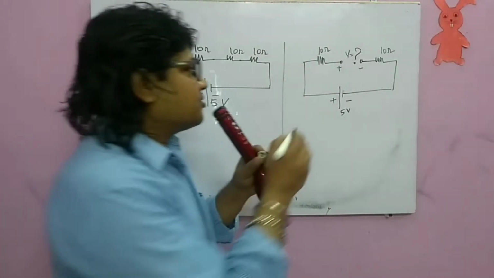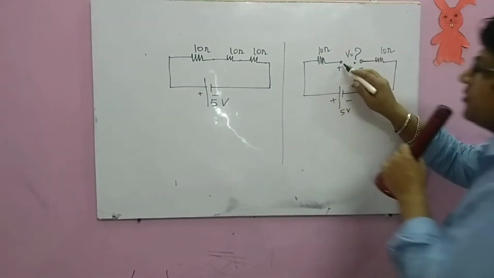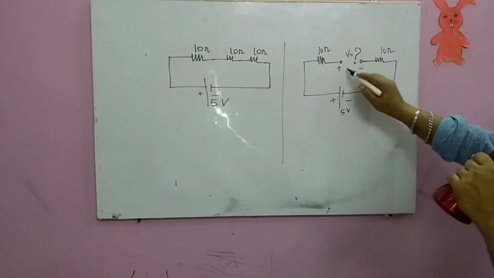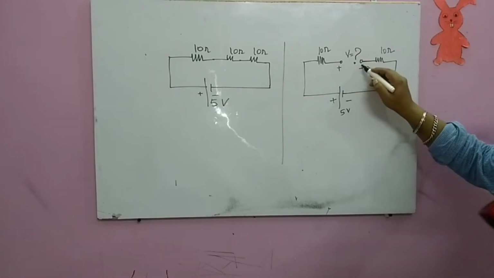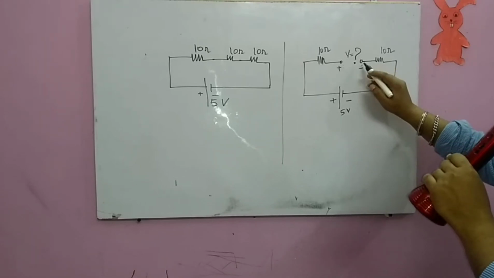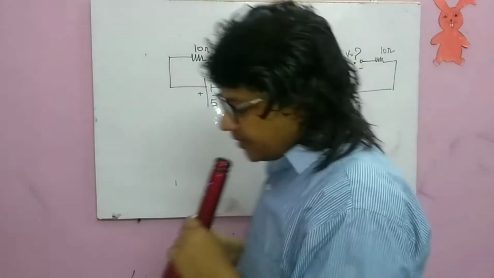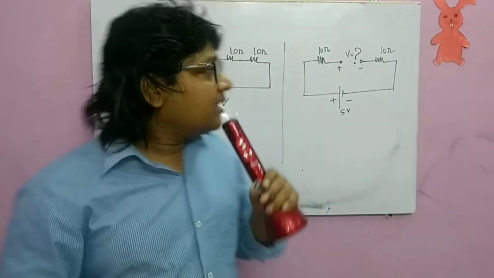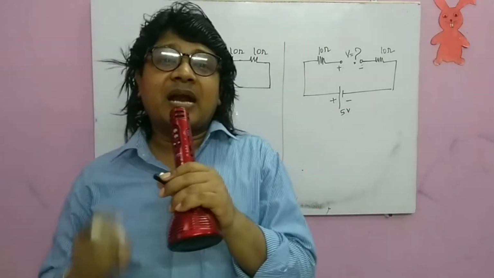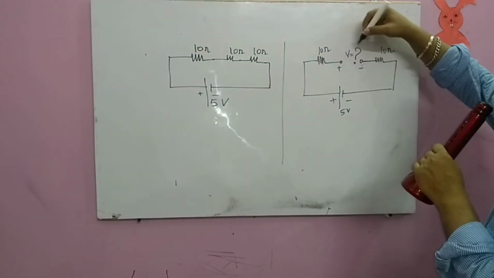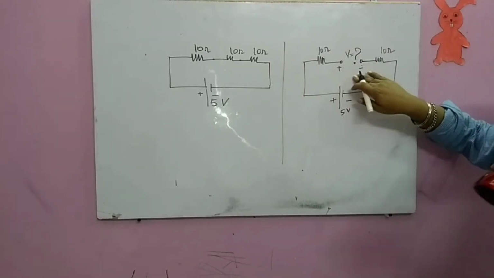Because you are removing the 10 ohm resistance, these terminals are open, and we are told to find the voltage across these open circuited terminals. We call it open circuit.